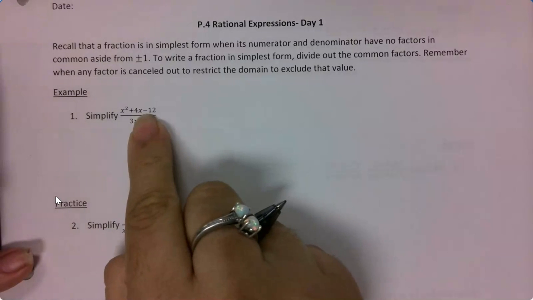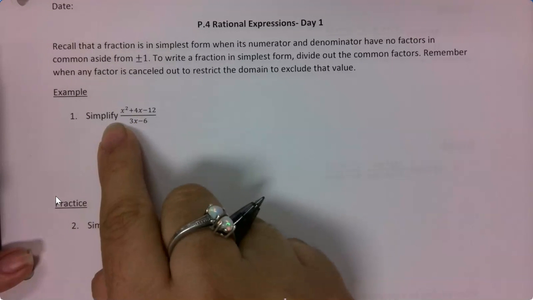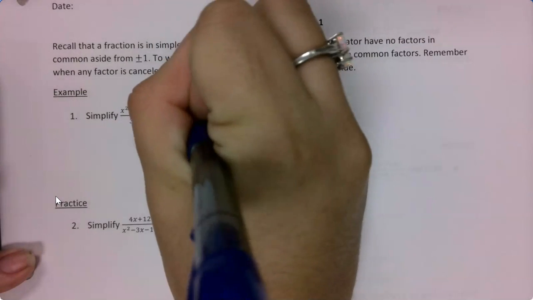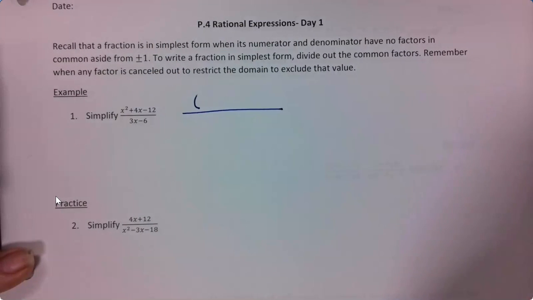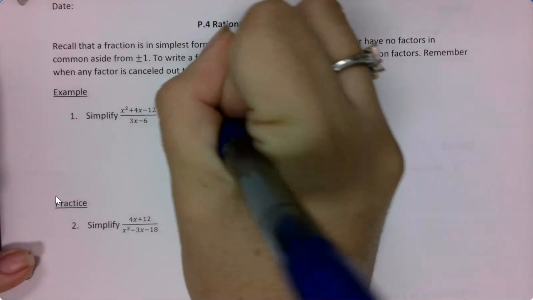So I'm looking for what multiplies to negative 12 and adds to positive 4 on my numerator. 6 and negative 2.